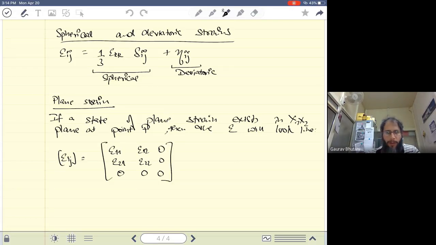So that's how epsilon looks when we have a situation of plane strain existing in a body in the x1, x2 plane.